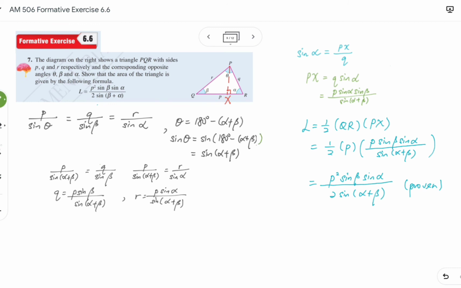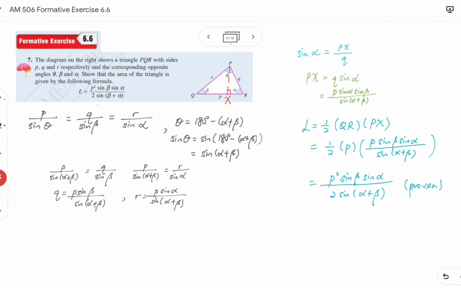So with this concept, we sub into the sine rule. When we have sine theta, we change it into sine alpha plus beta. And then we compare the first two, we get q equals to p times sine beta over sine alpha plus beta. And then to compare the second pair, we get r equals to p times sine alpha divided by sine alpha plus beta.